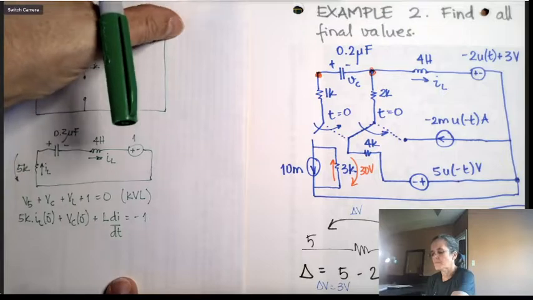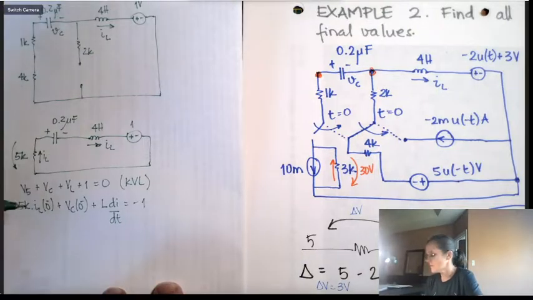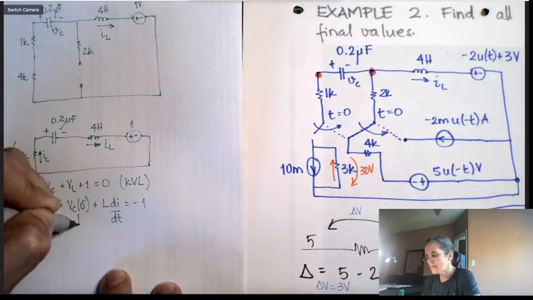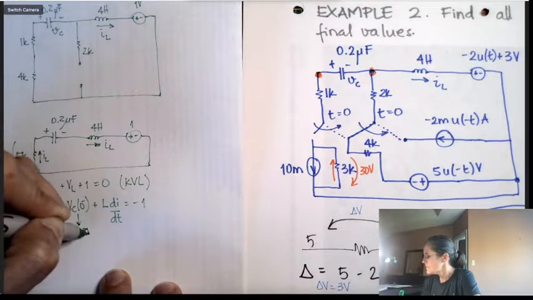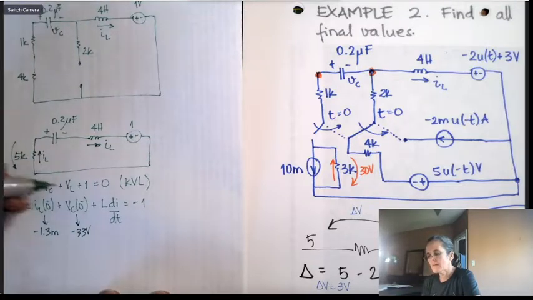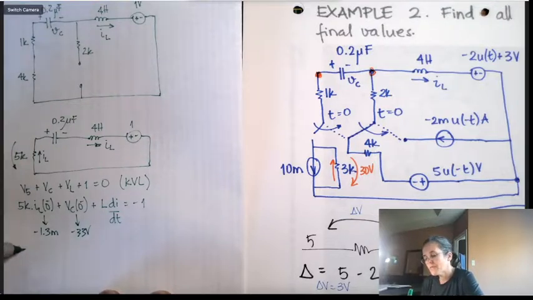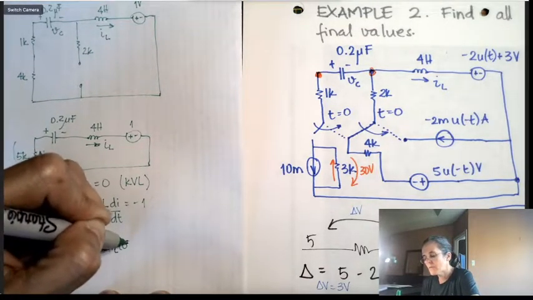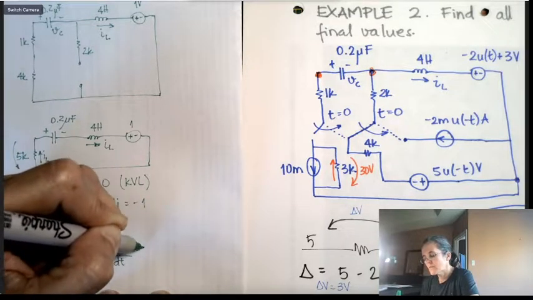So now I'm going to use IL of 0 minus. This is minus 1.3 milli. And this guy is minus 33 volts. And L is 4. So minus 1.3 times 5 is minus 6.5, minus 33, plus 4 diL at 0 plus dt is minus 1.